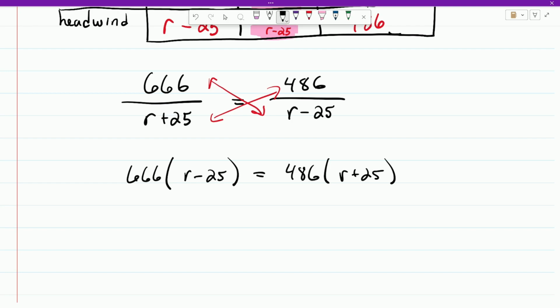I'm going to go ahead and distribute. So we get 666R minus 16,650 equals 486R plus, and like I said, I'm just doing this off screen on my calculator, 12,150.